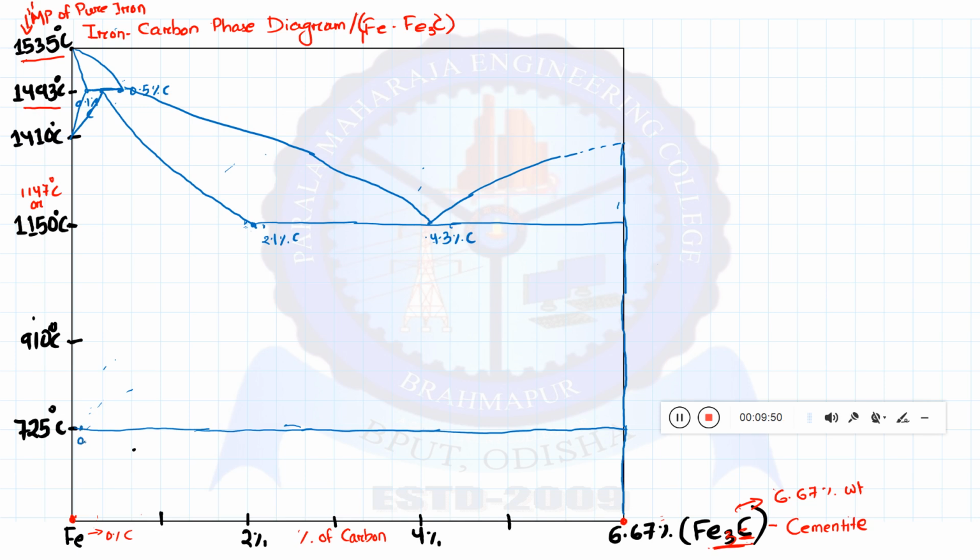so this is 0.02 percentage of carbon, and here this will be 0.8 percentage of carbon. Okay, so from this 0.8 percentage to 2.1 percentage, there will be another boundary to represent a distinct phase. So we will draw that.